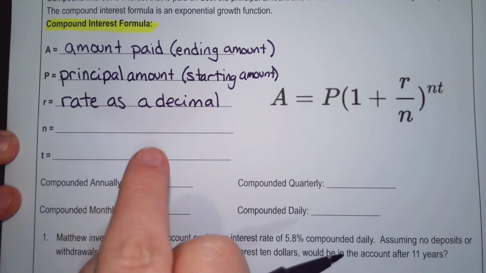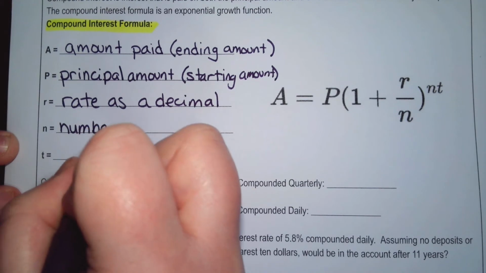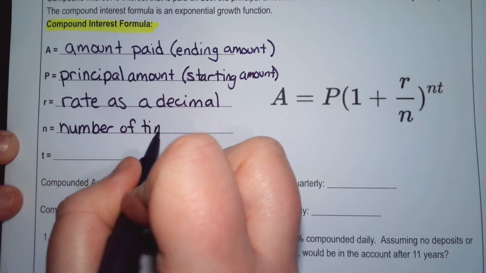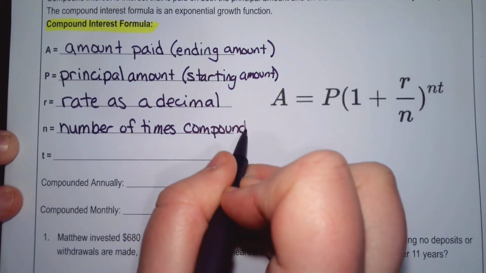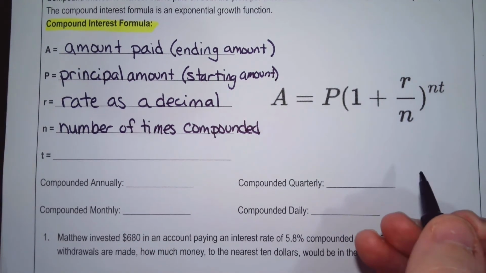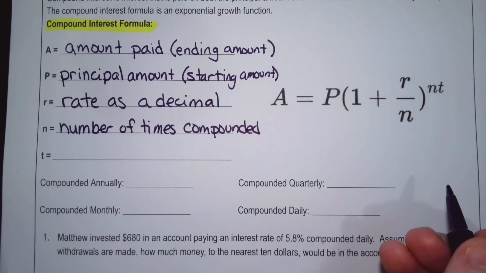All right. N is the number of times compounded, because depending on the account, it can compound once a year. It could compound 300 plus days a year.